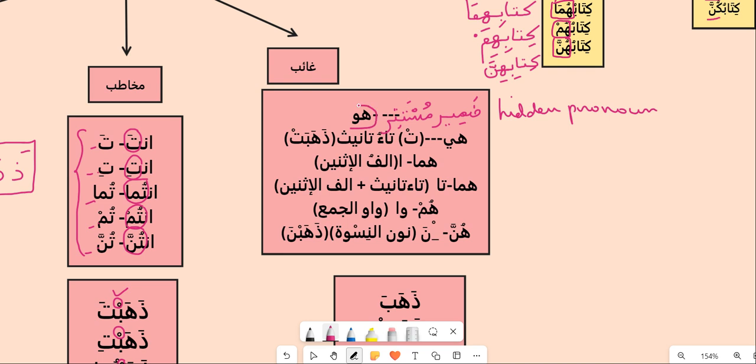It's hidden in the past tense verb dhahaba. So the pronoun huwa you will not see visibly attached after dhahaba. It's hidden in this past tense.